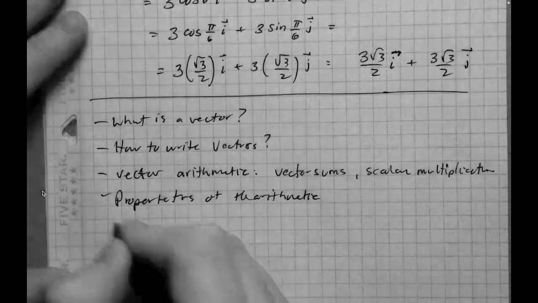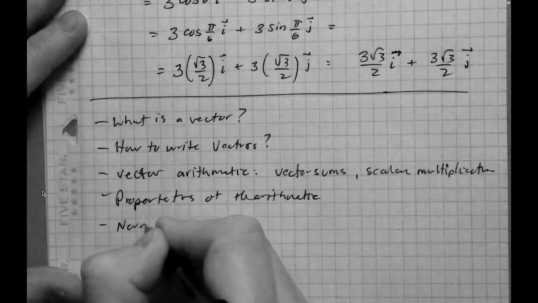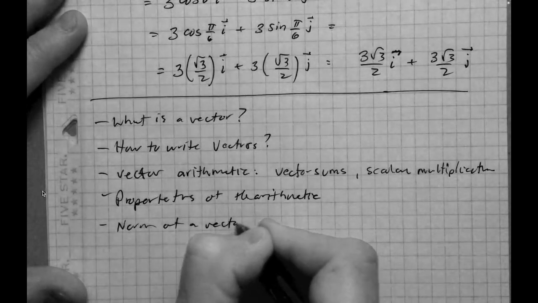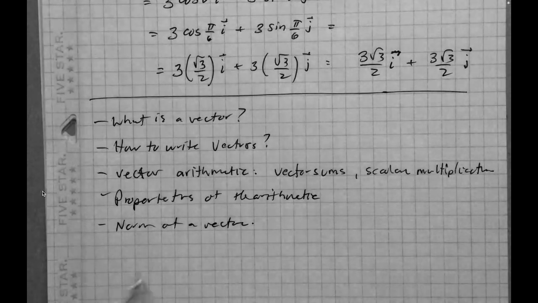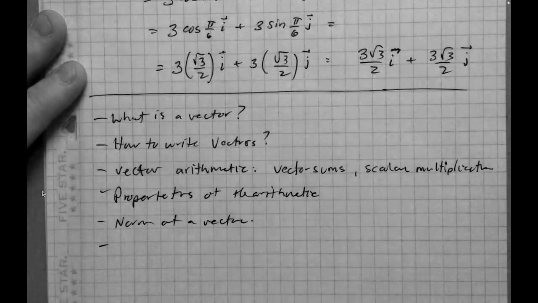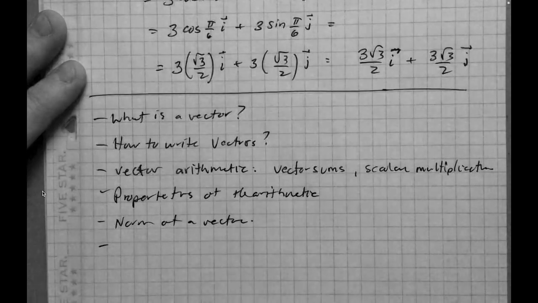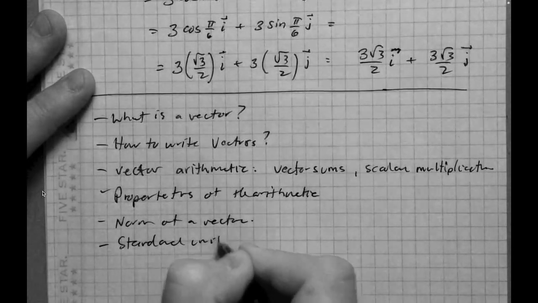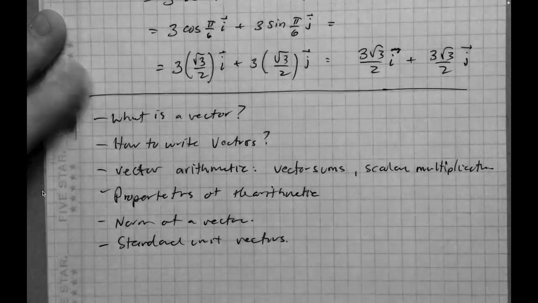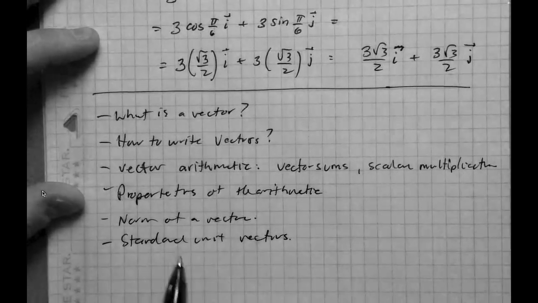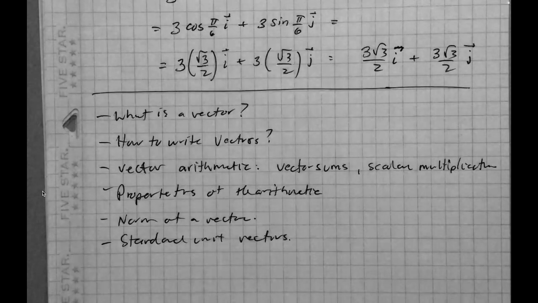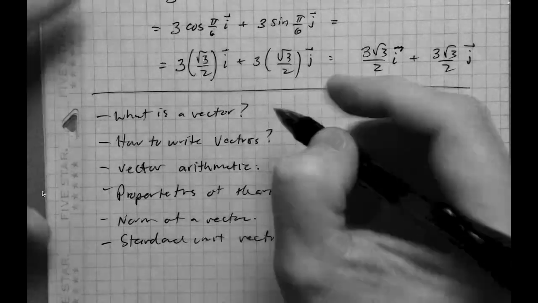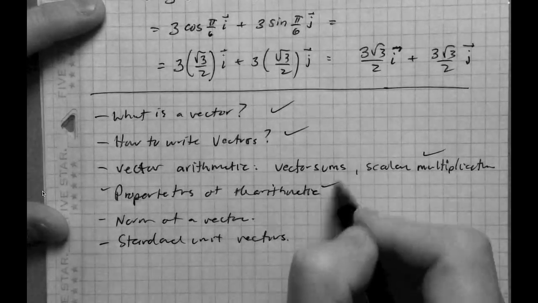And then the norm of a vector, and also standard unit vectors. Those are the key things. There are a few other things we talked about, like some of the trigonometry at the end here. These are just different ideas tying everything together, but these are the big takeaways.